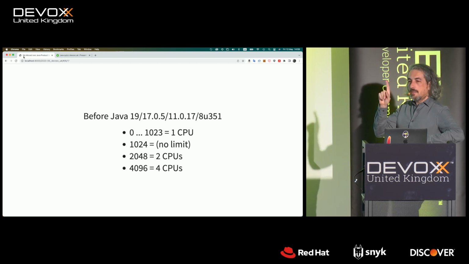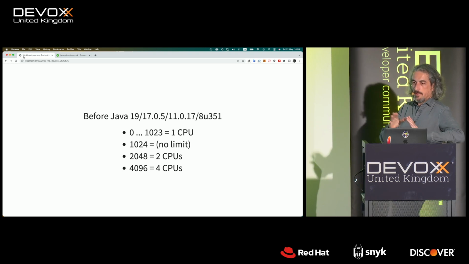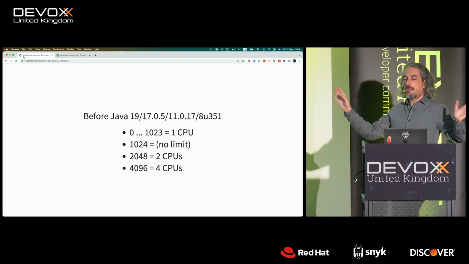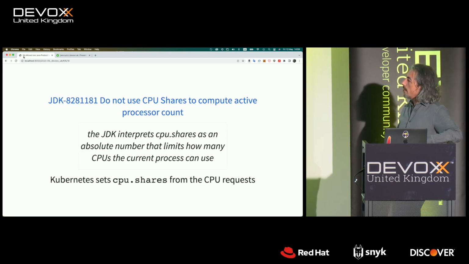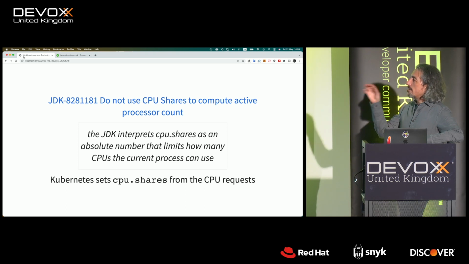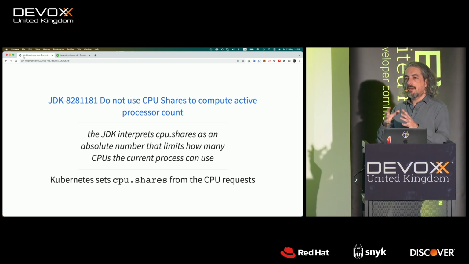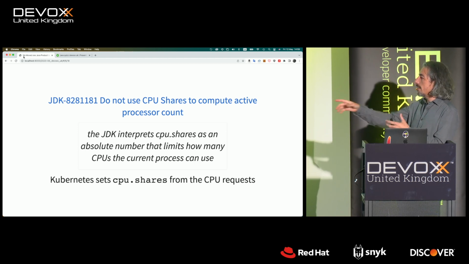But if you give the container 1 CPU or 1024, which is the same value, the JVM will assume, oh, I can use all the CPUs. So it was a bit weird. And what happened? You can read through the issue on the JDK. They changed this because of CPU shares, which is the number that Kubernetes sets.